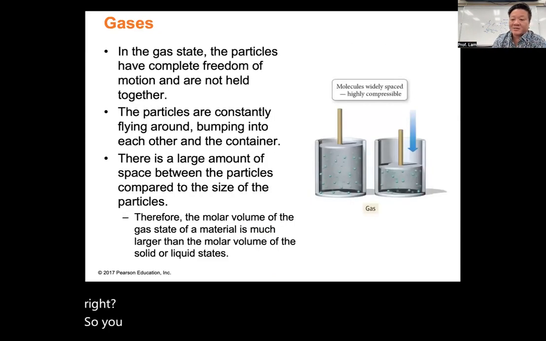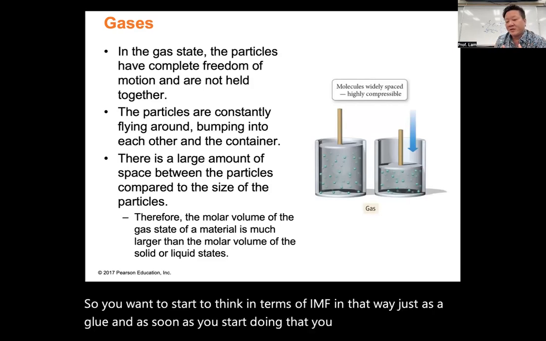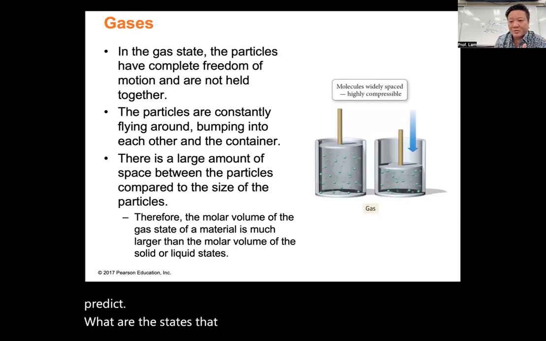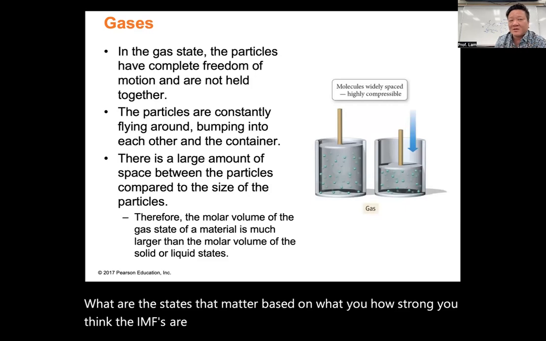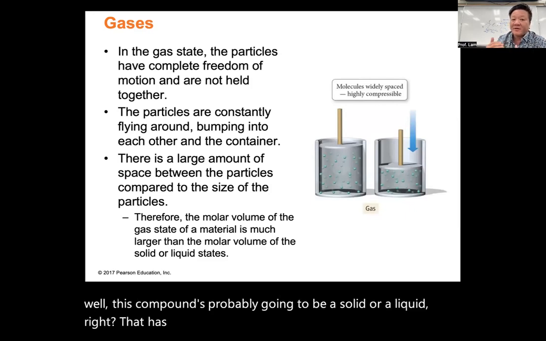So you want to start to think in terms of IMF in that way, just as a glue. And as soon as you start doing that, you can really start to predict the states of matter based on how strong you think the IMFs are, right? If the IMF is strong, you're like, well, this compound's probably going to be a solid or a liquid. If it has super weak IMF, then that compound's going to be a gas.